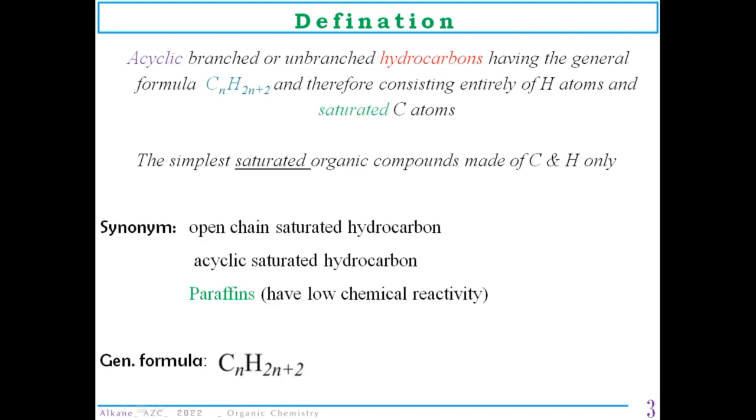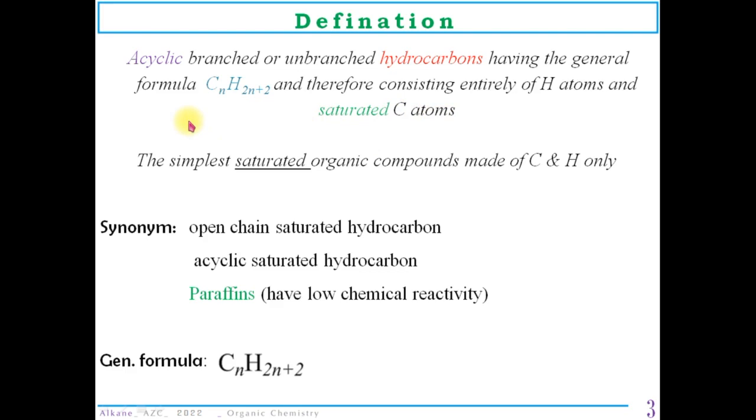According to IUPAC, the definition of alkane is acyclic branched or unbranched hydrocarbons having the general formula CnH2n+2, and therefore it contains hydrogen atoms and saturated carbon atoms.